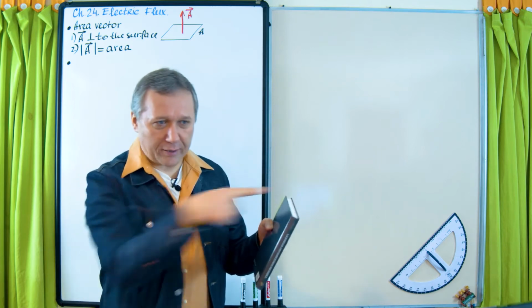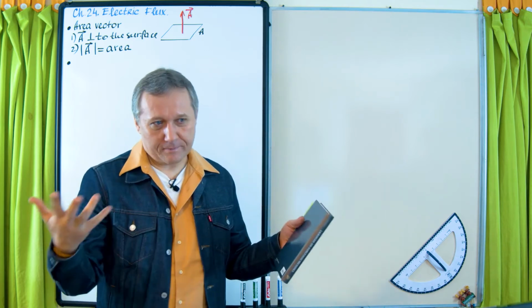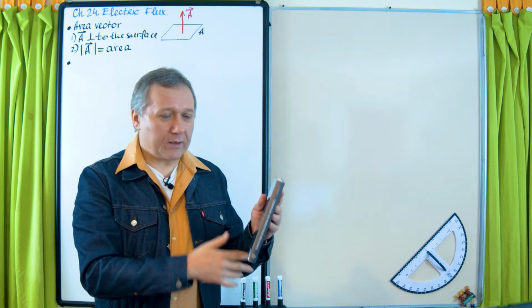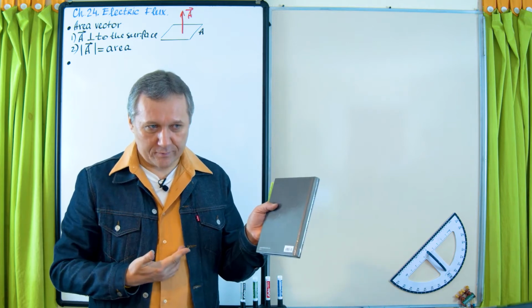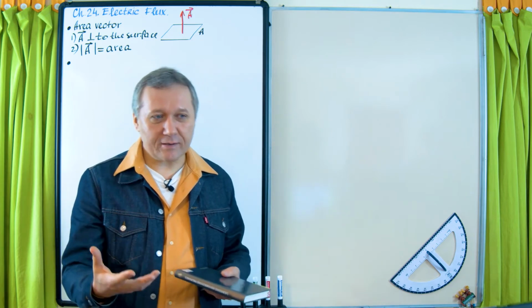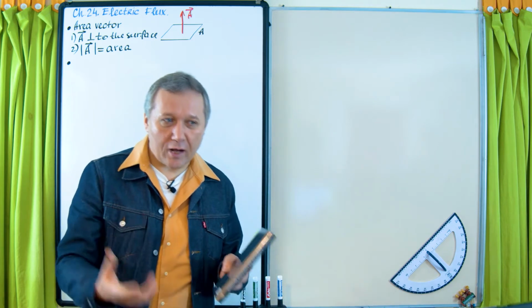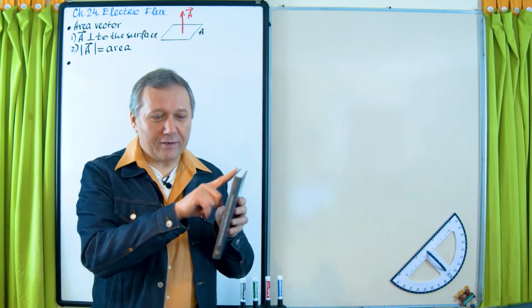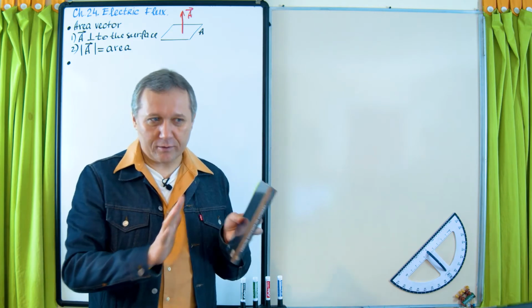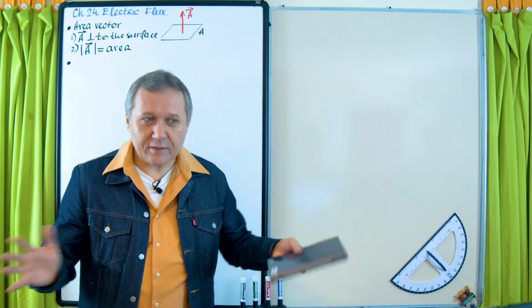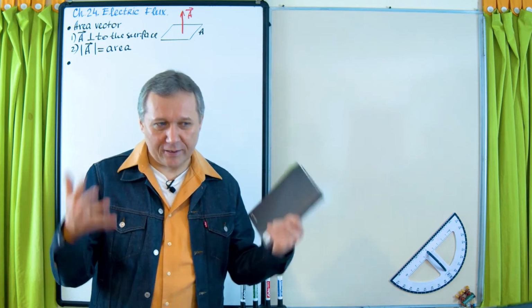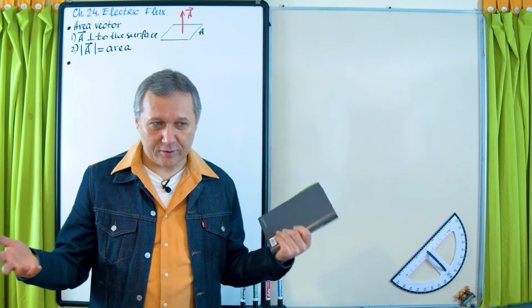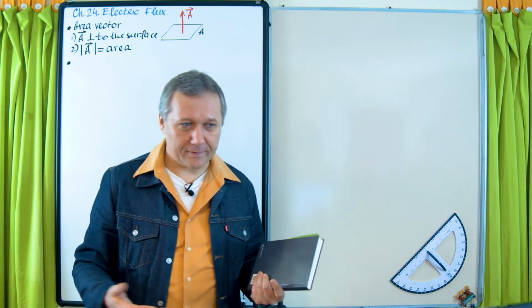Of course, you can draw a bunch of electric field lines, and some of those lines are going to cross this surface. So the electric flux allows us to count the number of electric field lines crossing a certain surface. That's the physical meaning of the electric flux.